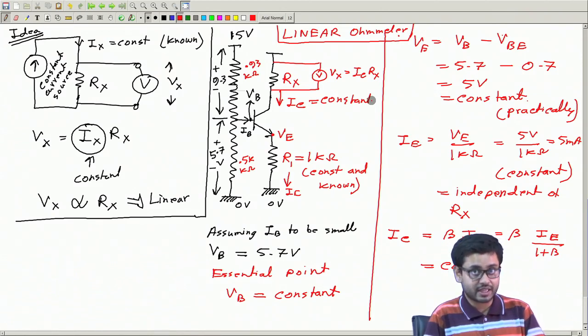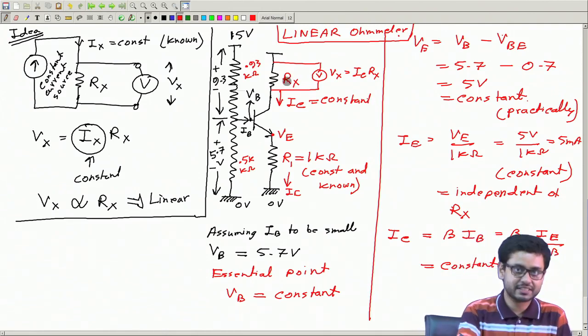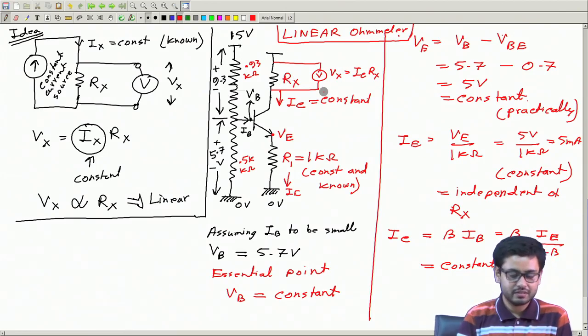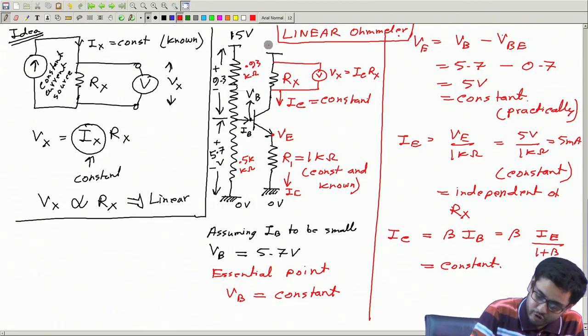Okay, let me just ask a small interesting question. The question is, what is the maximum range of Rx that we can insert in this circuit so that the behavior remains linear? Oh sorry, I forgot one thing.